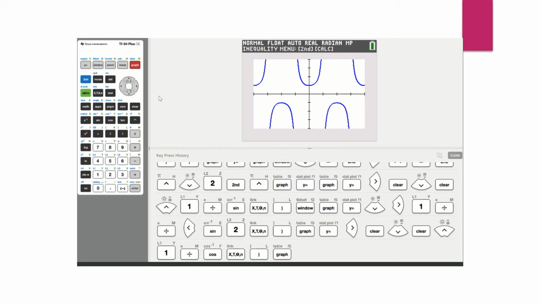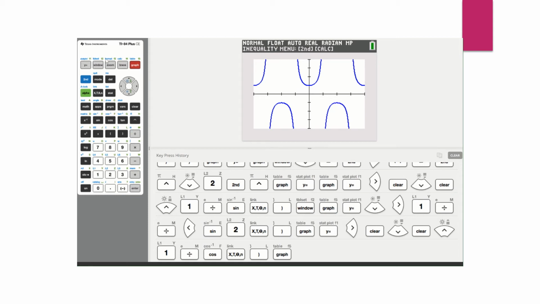Looking at the negative x values, there's negative pi over 2, negative pi, negative 3 pi over 2, and the pattern repeats, so the period is 2 pi.